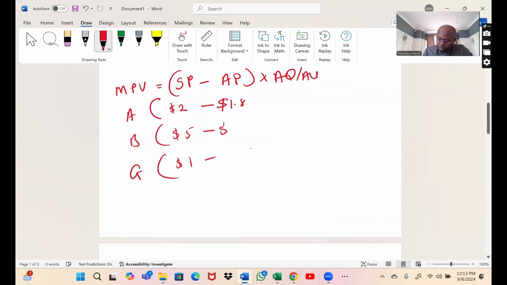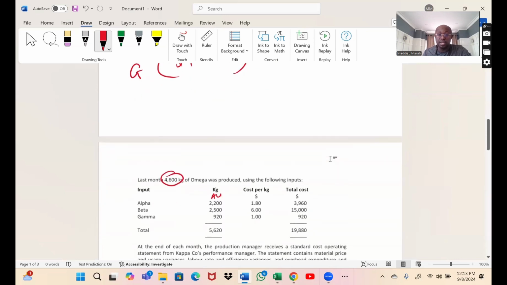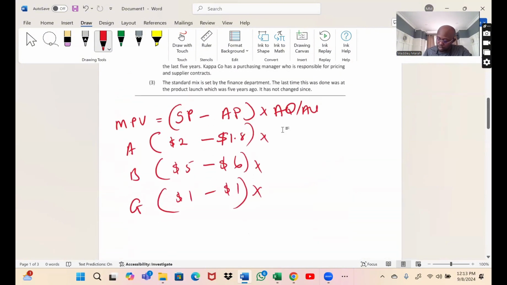And my actual quantity is 2,200, 2,500, and 920. These are my actual figures.